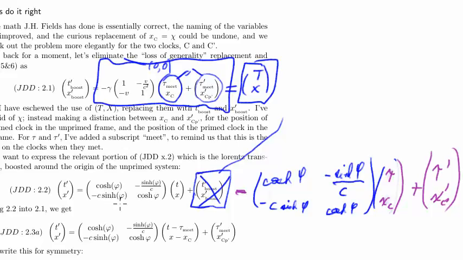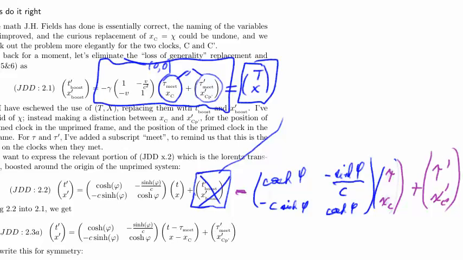Negative sinh phi times t minus negative c sinh phi times tau is negative c sinh phi times t minus tau. And cosh phi times, I think I may have already done all of them. So anyway, we've just taken that tx and tau x sub c and basically subtracted them because this is the exact same thing. And then the plus tau prime x sub c prime goes like this.